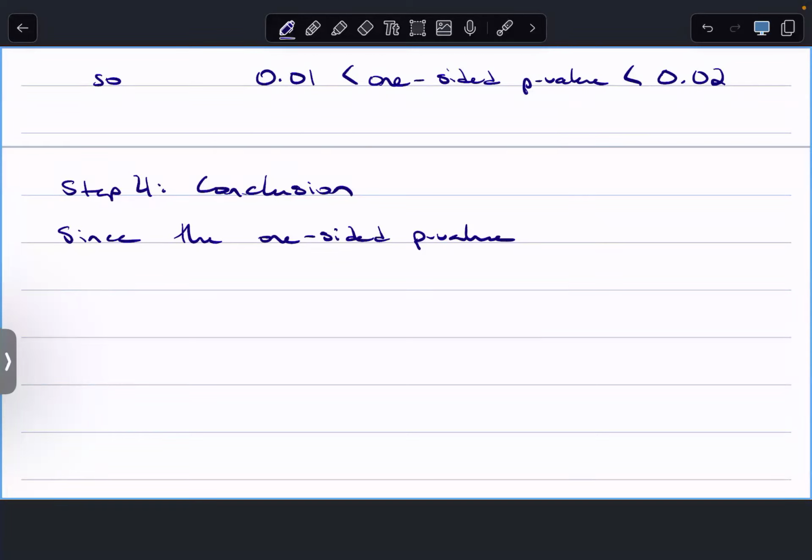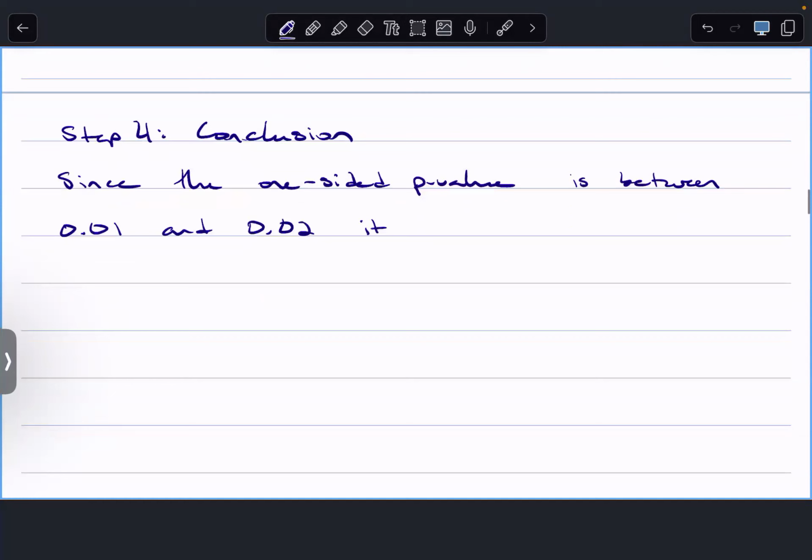You had to use it, so why not? That it's one-sided. So since the one-sided p-value is between 0.01 and 0.02, we weren't given an alpha level, so the default's 0.05. Okay. It is less than the assumed alpha level of 0.05.